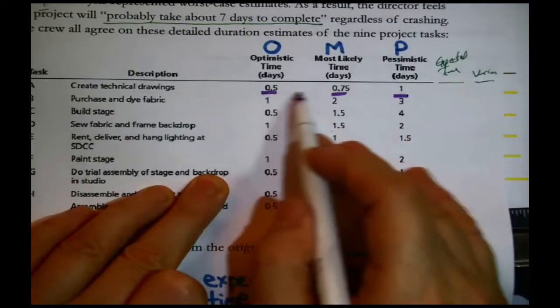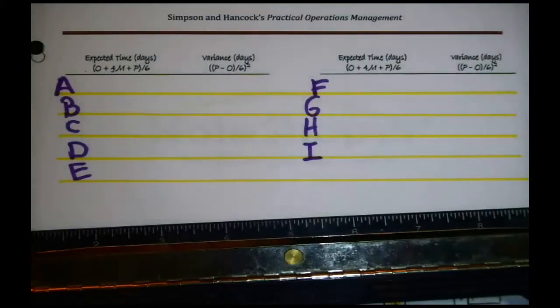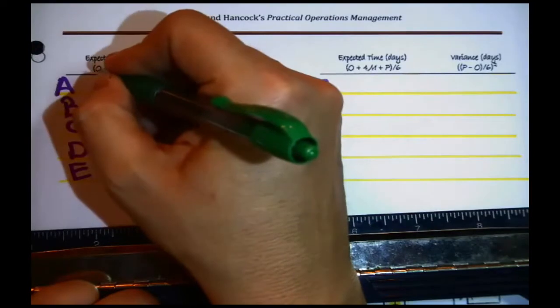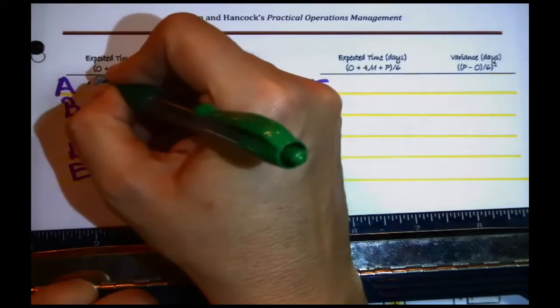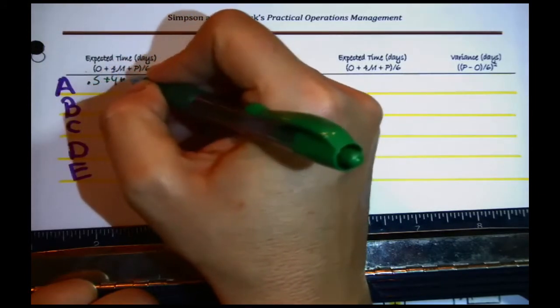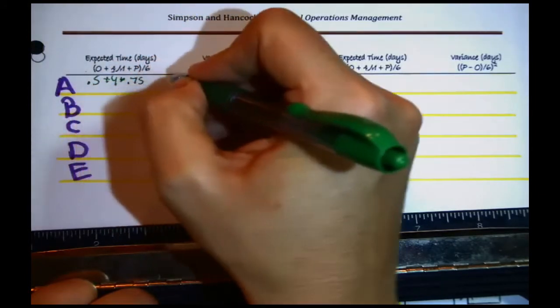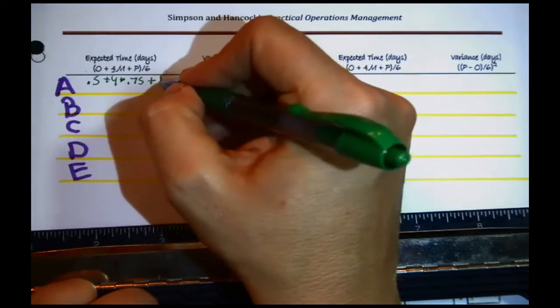For instance, there are the timings for task A. So its expected time would be, the optimistic time is 0.5 plus 4 times the most likely time, which is 0.75, plus the pessimistic time, which is 1.